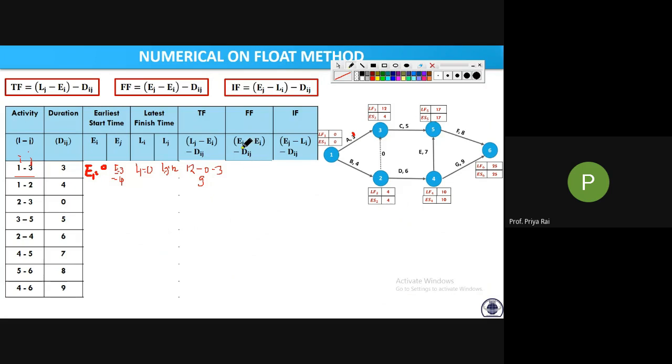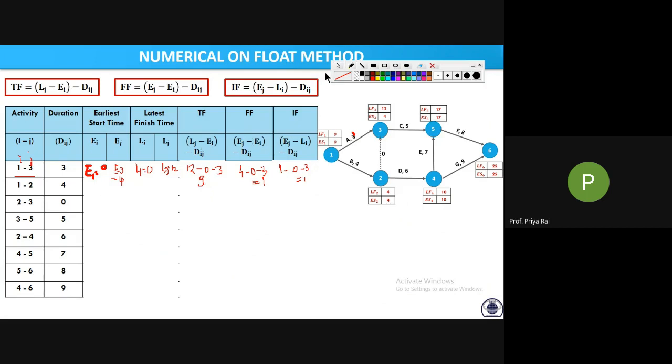EJ is 4, so 4 minus EI which is 0, minus DIJ which is 3, gives 1. IF will be EJ which is 4, minus LI which is 0, minus DIJ which is 3, again 1. Like this way for all the activities we will calculate total float, free float, independent float.